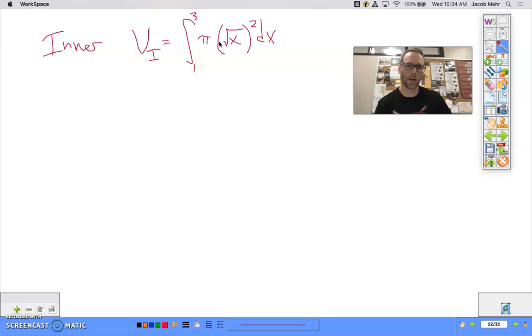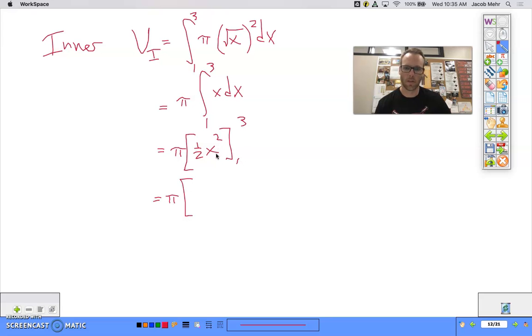So pi, radius, square root of x squared dx. So let's take our pi out. This is 1 to 3 of x dx. Antiderivative 1/2 x squared. 3 squared is 9, so we have 9/2 minus 1/2, which ends up being 4 pi.